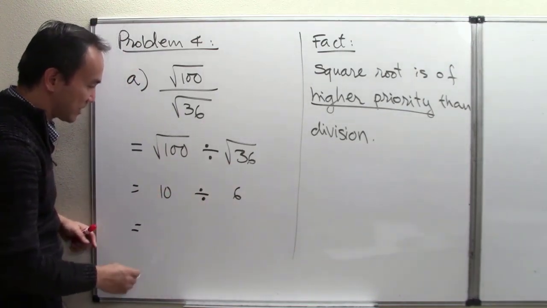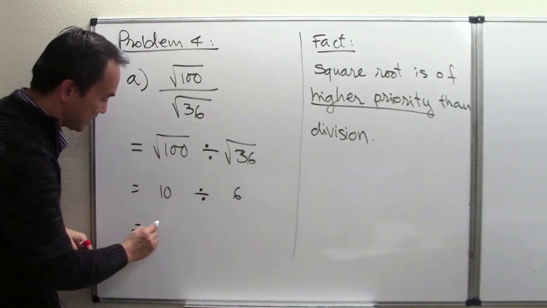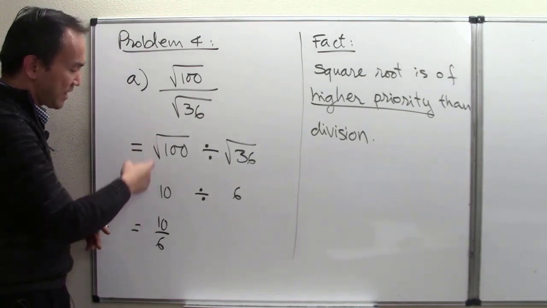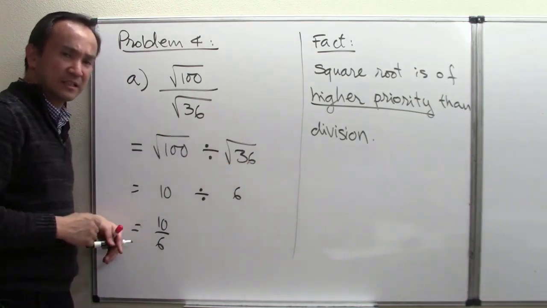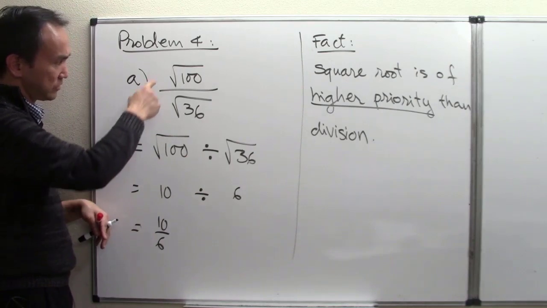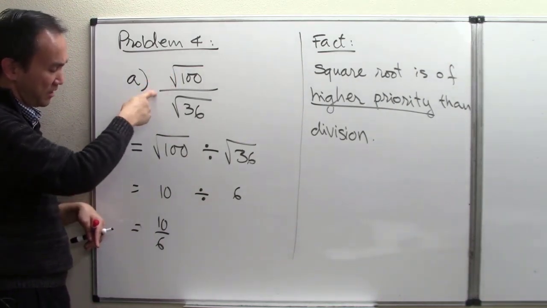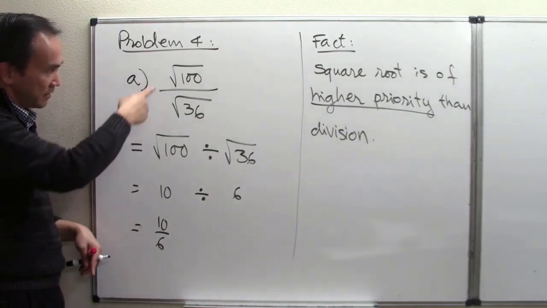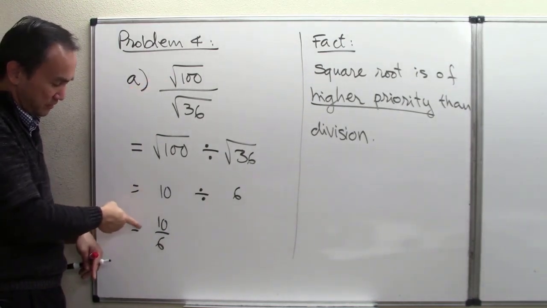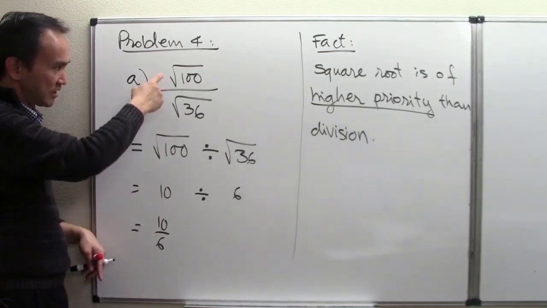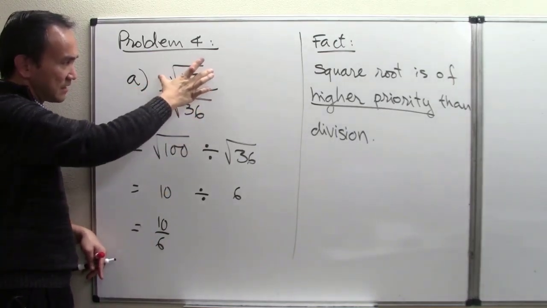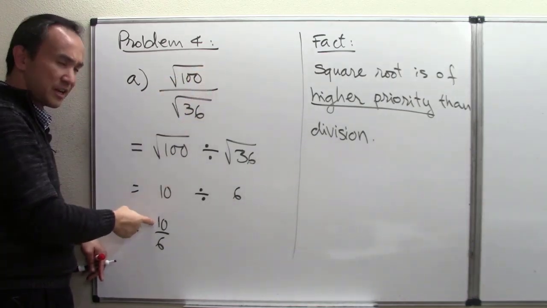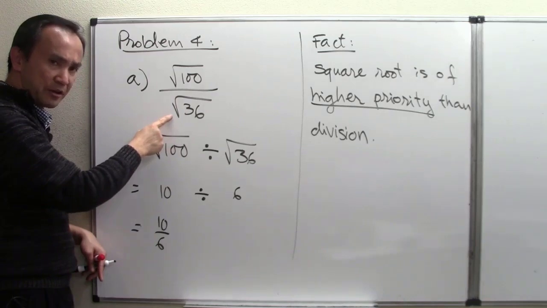And again, this division here means the same as putting that as a 10 over 6. Truthfully speaking, I've been writing these two steps right here for extra clarification and explanation. But right from this fraction, anyone can just think in your thought process that it's simply equal to the next step, 10 over 6, because I could have just explained that the square root of 100 in the numerator is a 10, and the square root of 36 in the denominator is a 6.